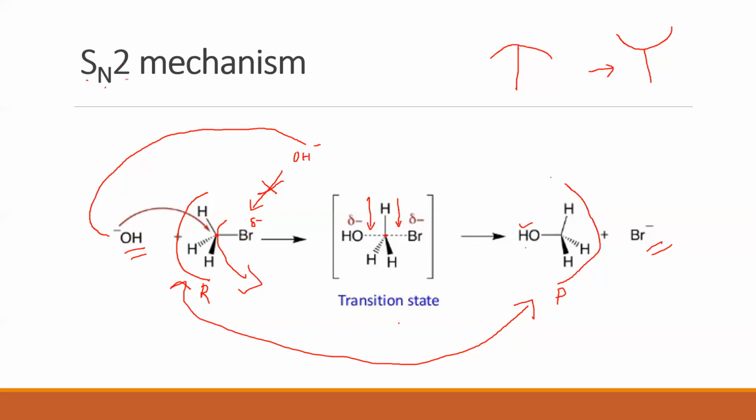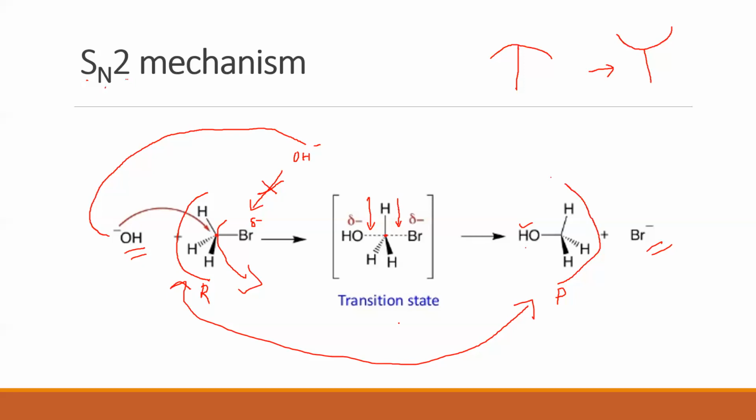Now, what is a transition state? Transition state can be defined with respect to two things. First one, in the transition state, the carbon halogen bond is not completely broken and the carbon nucleophile bond is not completely formed. Point number two, a transition state is a state where it resembles both the reactant and the product, but not fully.